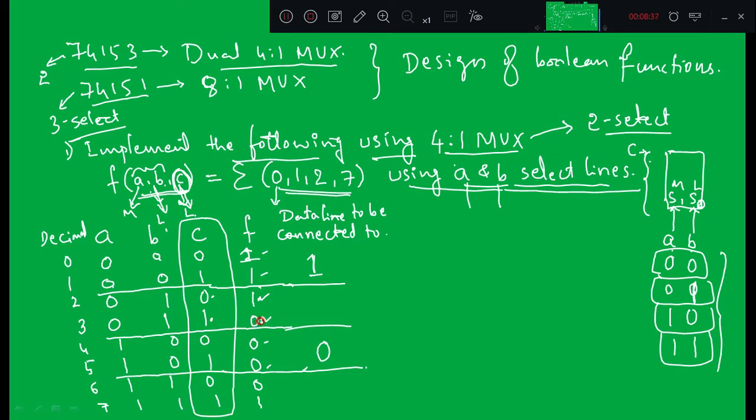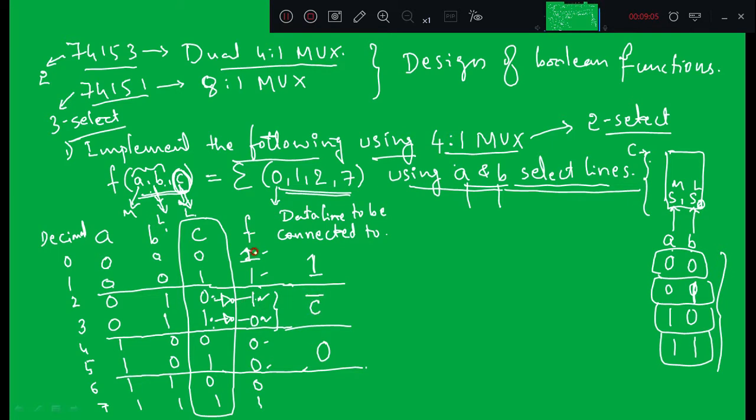So for these two combinations, C is 0 and 1, but the output is 1 and 0. That means to get this output, I should put a NOT gate here. That means the data line input will be equal to C bar.